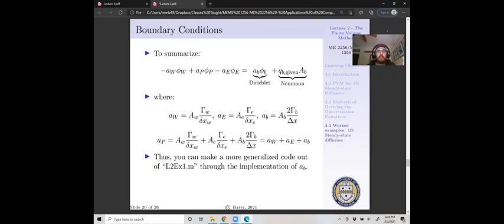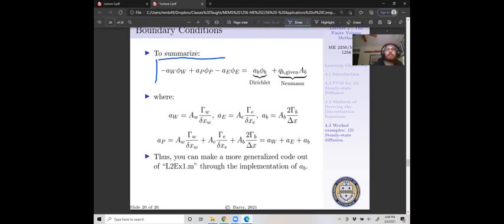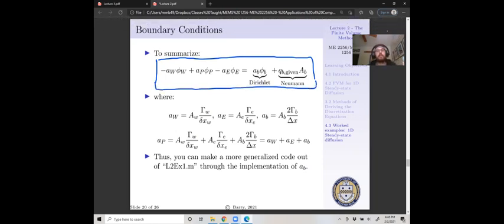Now, to summarize, we can cast our governing equation for 1D steady state diffusion as follows. I just did a little bit of a rearrangement. We have minus A west phi west plus AP phi P minus A east phi east. I did this rearrangement because this is typically how you see it on the diagonals of your matrix.